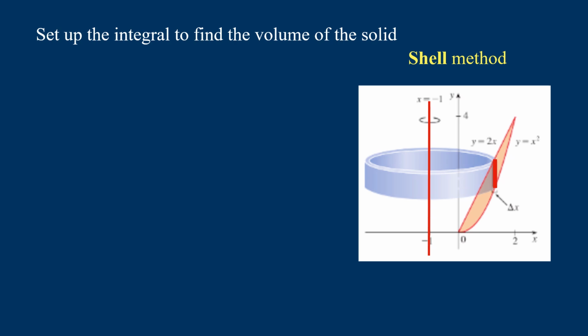Let's set up the integral to find the volume of the solid. First we're going to use the shell method. Look at this one: the orange region is rotated over x equal negative 1. So we sketch the rectangle vertically. The thickness is dx, and the interval is 0 to 2. The shell method says the volume is the integral from a to b of 2 pi times radius times height dx.